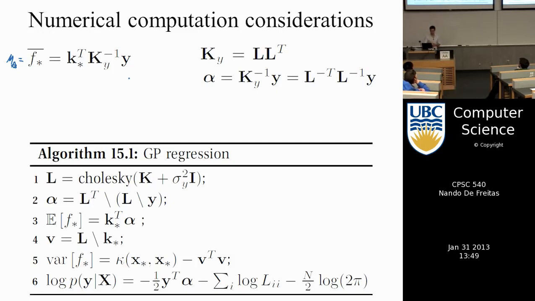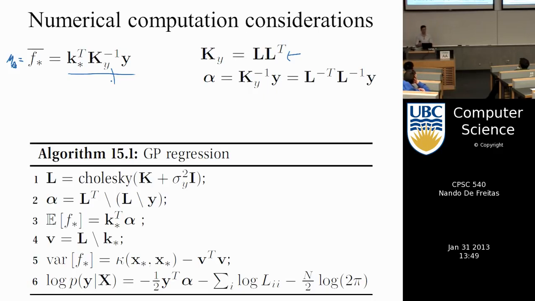Naively, we could just use this formula. However, K tends to be poorly conditioned, so if we invert it, we get into trouble. A numerically stable way of inverting K is to compute the Cholesky decomposition of K. For now, ignore this Y here. I will explain the Y in the next lecture. Just think of it as our usual K.